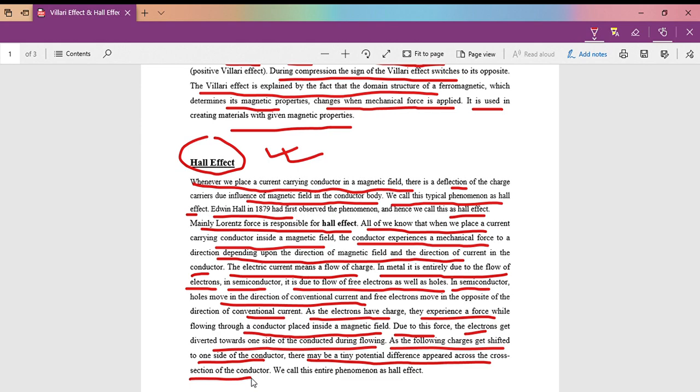So there is a measurable potential difference across the cross section, that means between the two sides of the conductor. We call this entire phenomenon, that is, due to the external magnetic effect there will be a measurable or considerable potential difference between the two sides of a tiny metallic strip, the Hall effect.